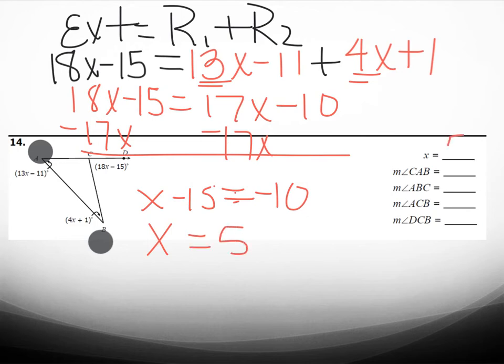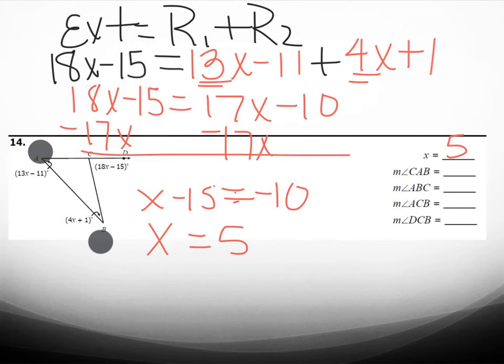So now that we know x is 5, we can definitely go back and plug it in for the other variables to determine what the angles are. Take a look at angle CAB. We're going to trace from C to A to B. We want to concentrate on the middle letter, which is A. So we're really talking about angle A. So angle A is represented by 13x minus 11.